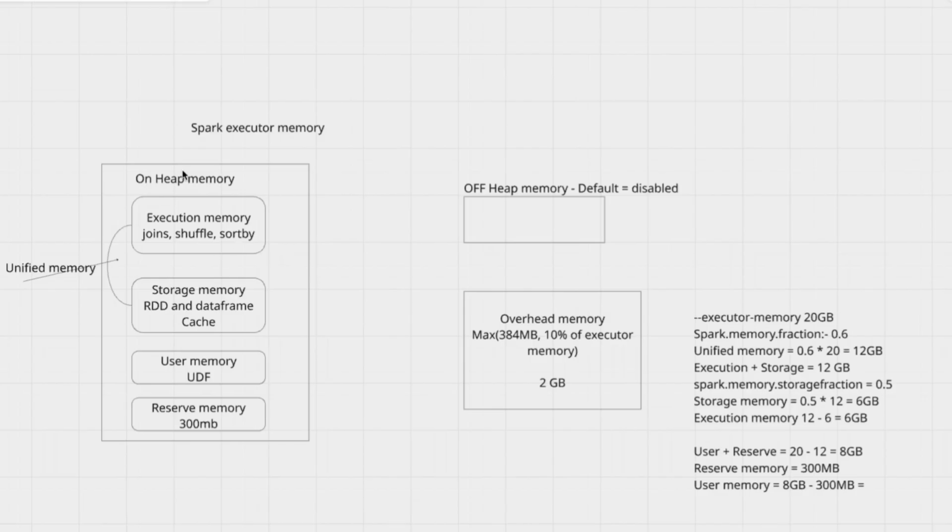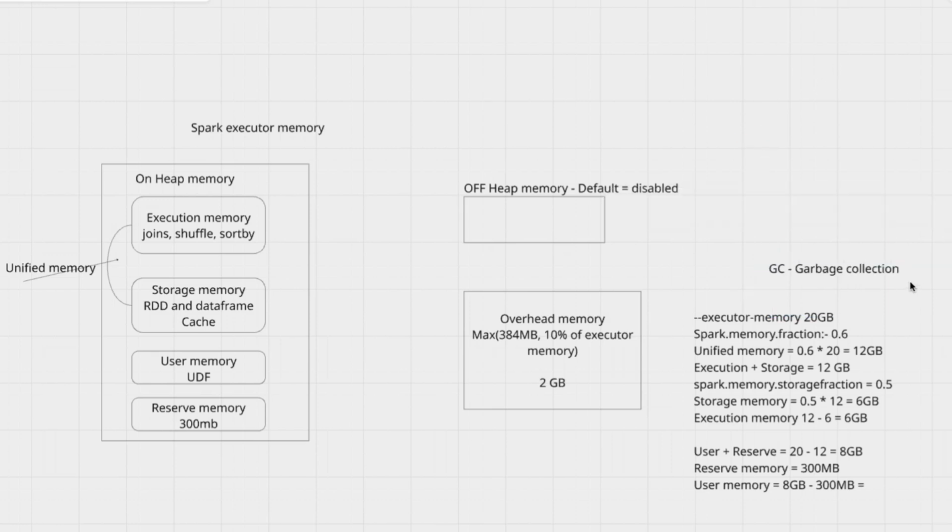For example, your on heap memory is full. If there are multiple transformations, caches, everything going on, and if you've created multiple UDFs also, and your on heap memory is full, in that case your Spark application will seem to get stuck. But actually it doesn't get stuck, because at that time GC is called. GC means the garbage collection cycle will be initiated at this time.